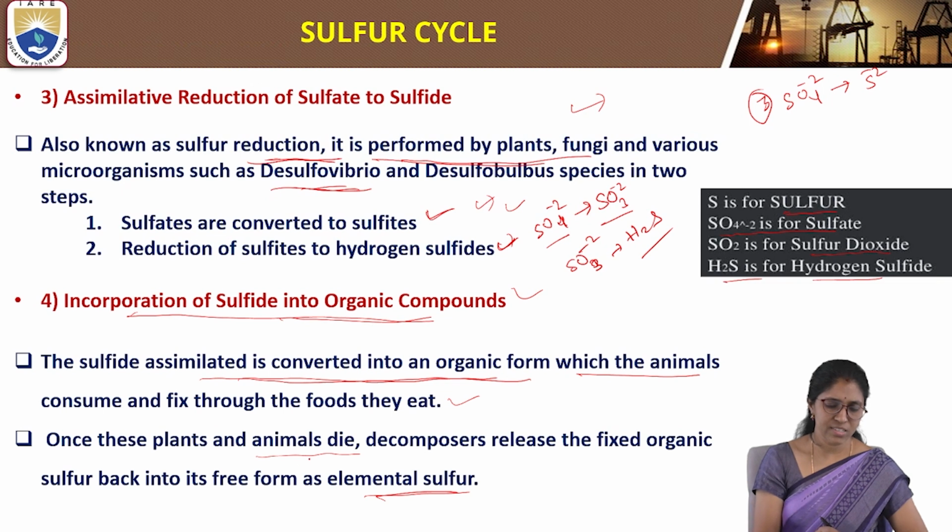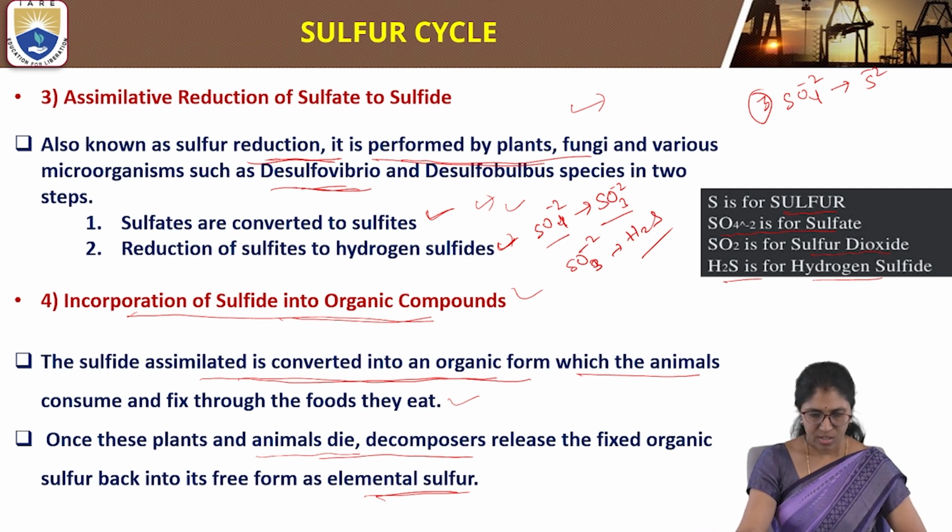Once plants and animals die, decomposers release the fixed organic sulfur back into the atmosphere in the form of elemental sulfur. So these are the steps involved in the sulfur cycle.